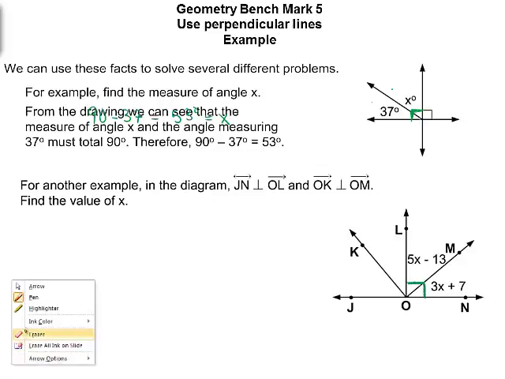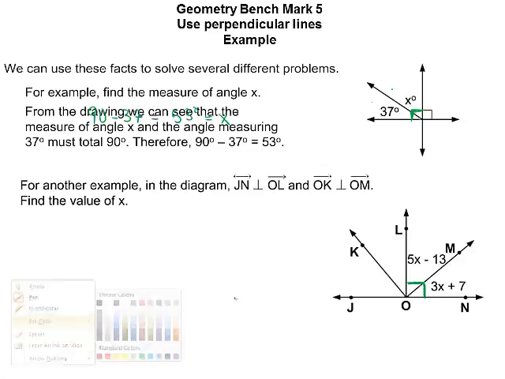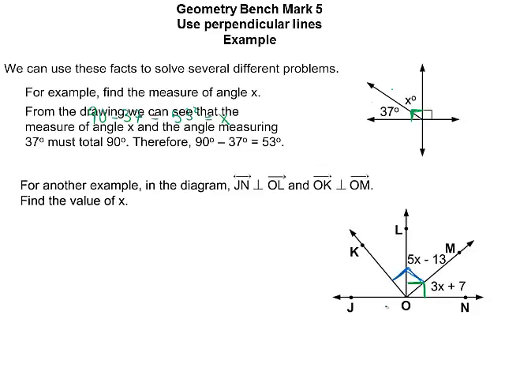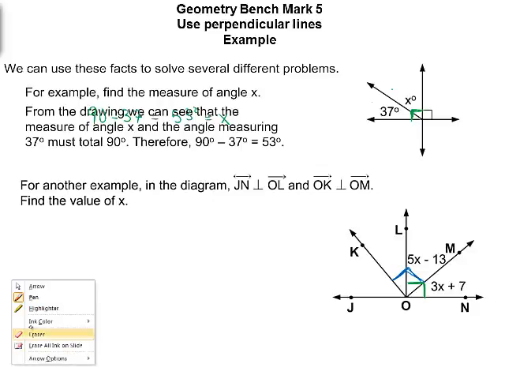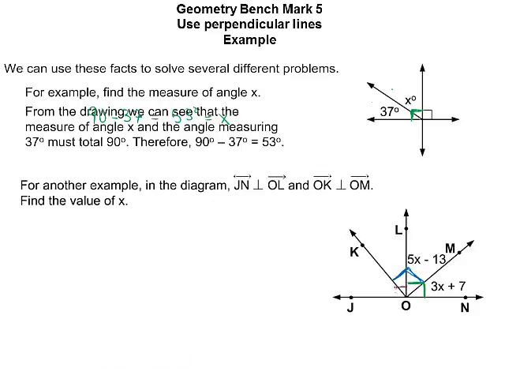And then they tell us that OK is perpendicular to OM. So these are also perpendicular together. And finally, because this was perpendicular, then this is also perpendicular. So you have 3 different 90-degree angles happening here. The one on the left and the right, and then the one in the middle.